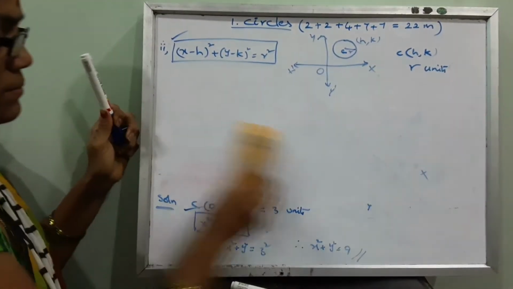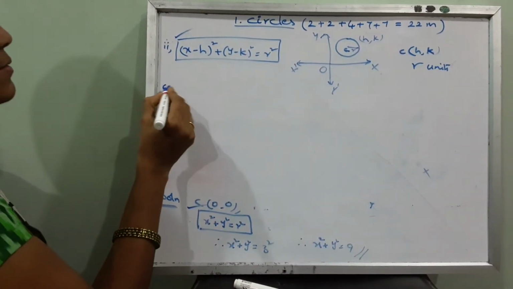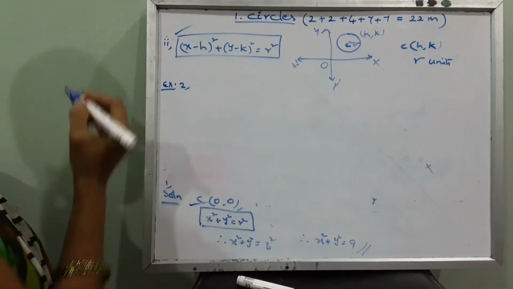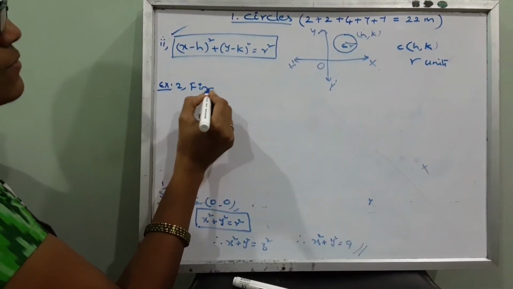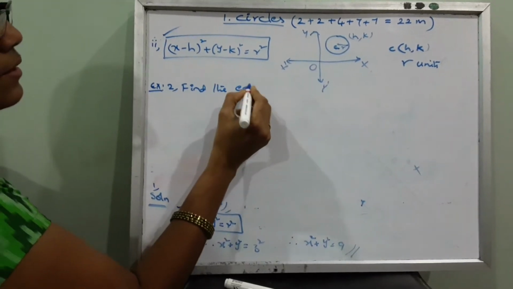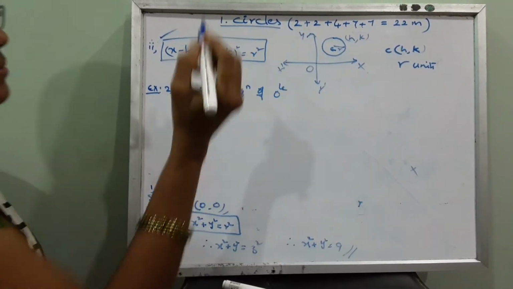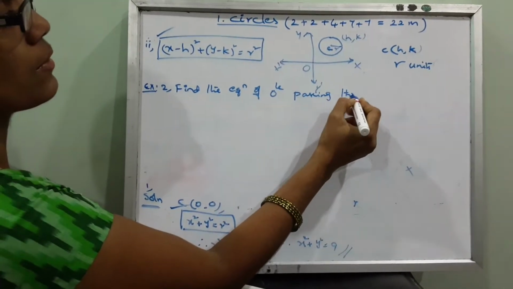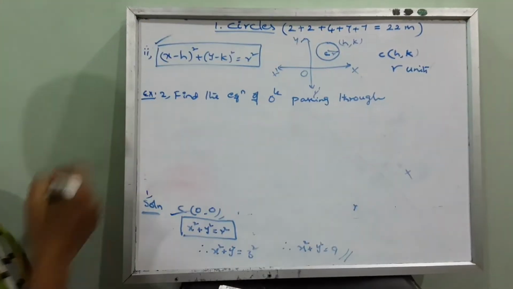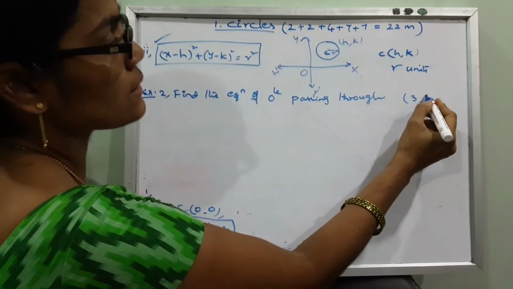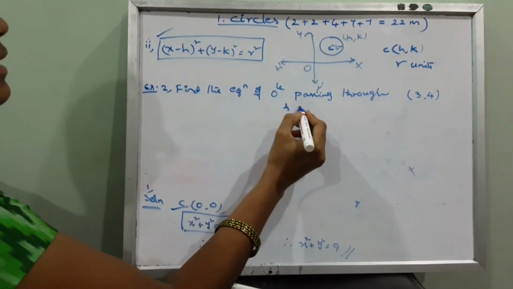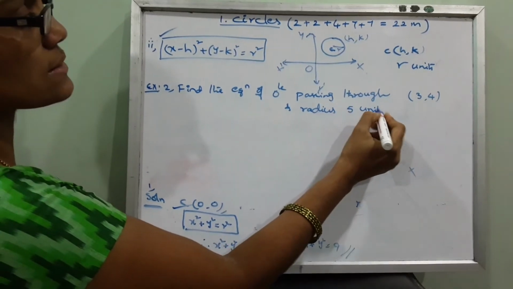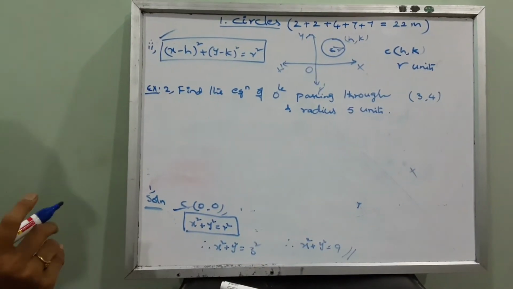For example, example 2. Find the equation of a circle having center 3, 4 and radius 5 units.